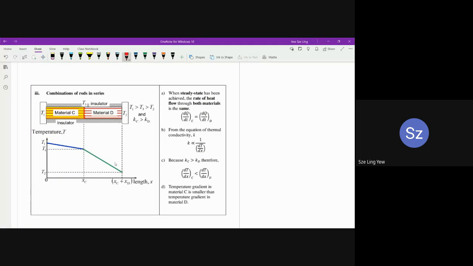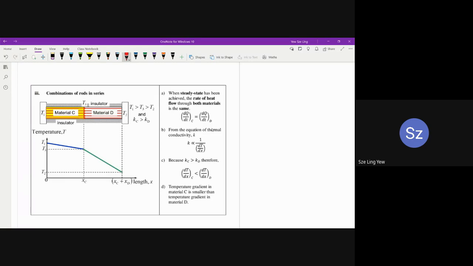Okay, two straight lines with different gradients. Why? Because different materials have a different temperature gradient, dT over x. Also, because of the different materials, they come with different k.